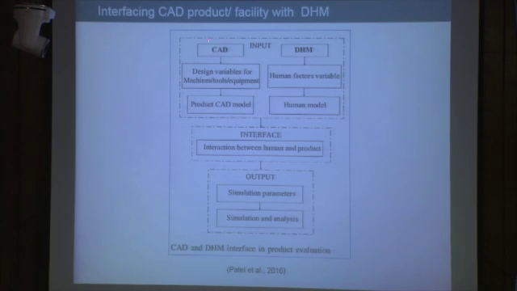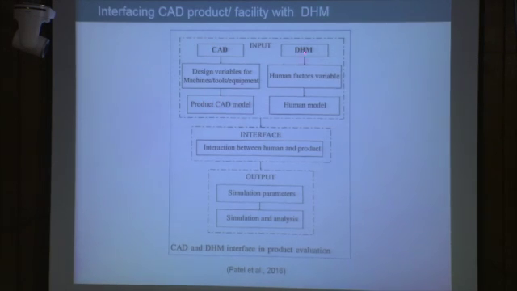From CAD software, we can consider various design variables for machine tools or any other equipment or device design, and considering all those variables, we can create the CAD model of the product or any other facility. So on this side, using CAD software, we are developing the CAD model.